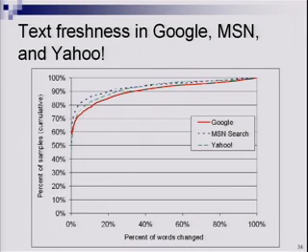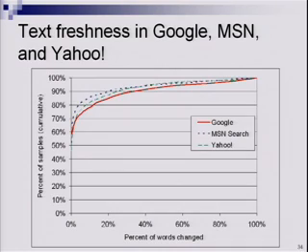So the way we did that: for each value p between 0 and 1, for each percent between 0 and 100%, we checked what fraction of the samples had p% change between the cached copy and the current copy.